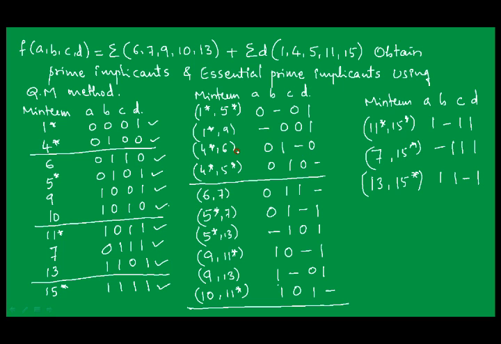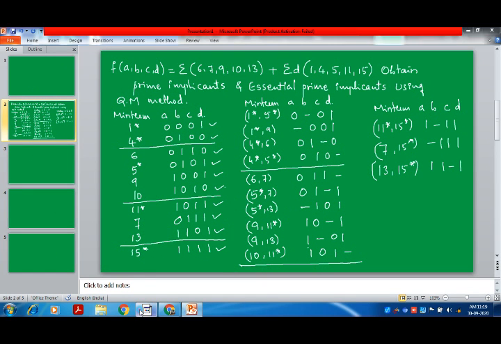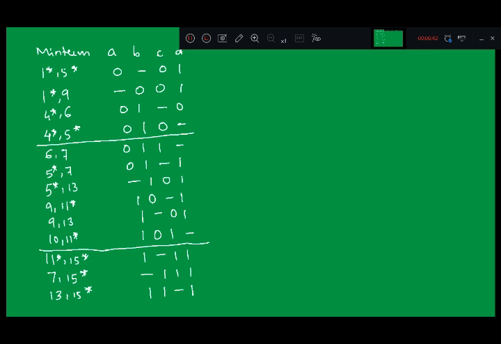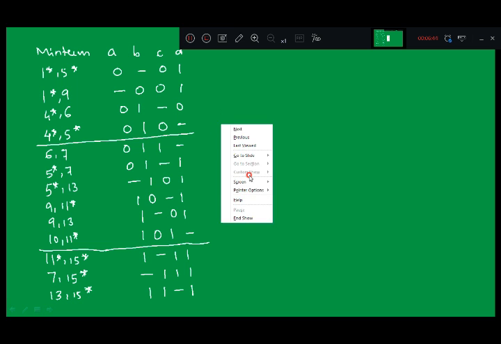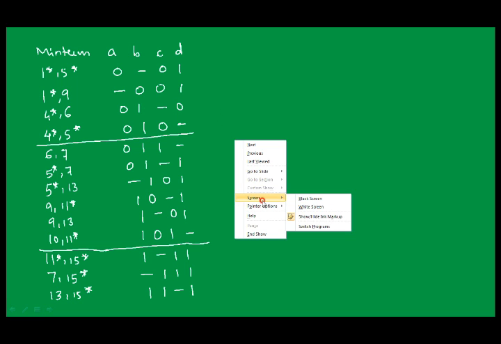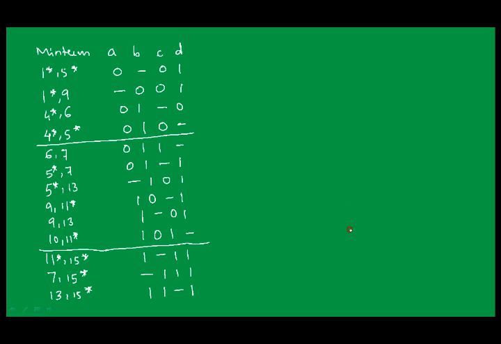The only additional thing is you have to put a star mark wherever there is a don't care term. Here you can observe I rewrote the first new table. Now we will check the position of dashes and start comparing those minterms.